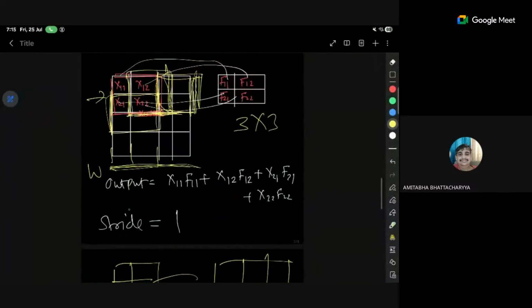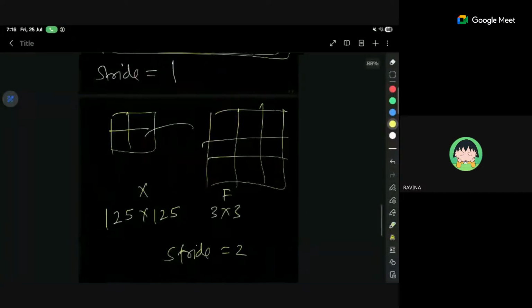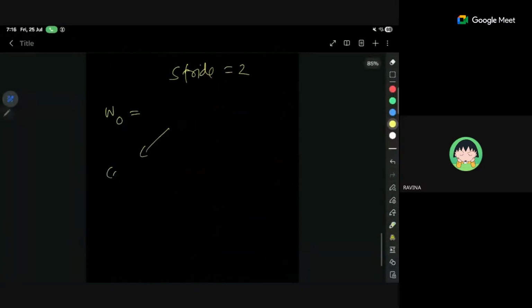This is the operation of convolution. Some filters, I have seen, take an average value, some take a max value. Is that convolution? That is not convolution. That is called max pooling or pooling. So this is convolution, and another kind of filters are called pooling filters.